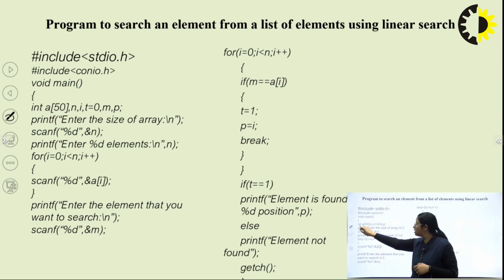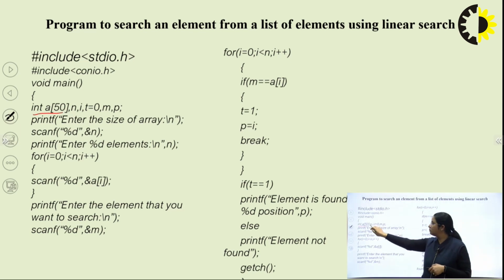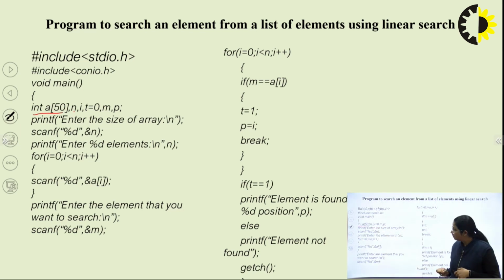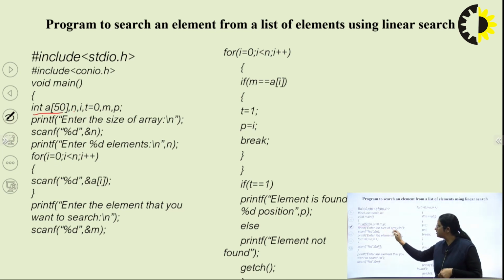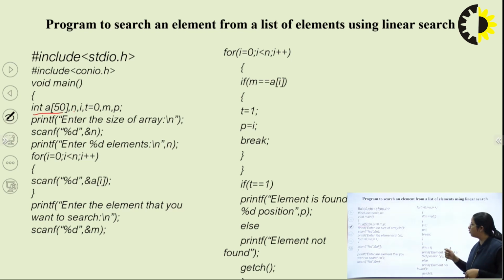Then our program starts. We declare our array of size 50, then take some variables, then enter the size of the array, and then in our loop we enter the elements.